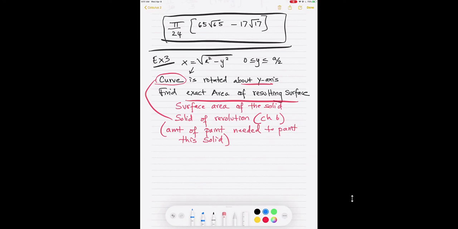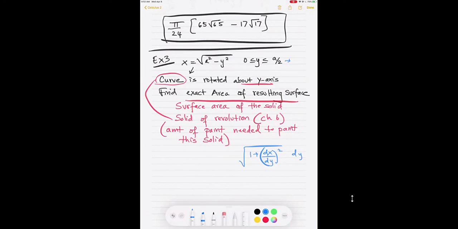Great. So, I'm going to start from there. The way I did it was this. So 0 is less than or equal to y is less than or equal to a over 2. That means I'm thinking, oh, I should go with this version of arc length. Right? Meaning I'm integrating with respect to y.